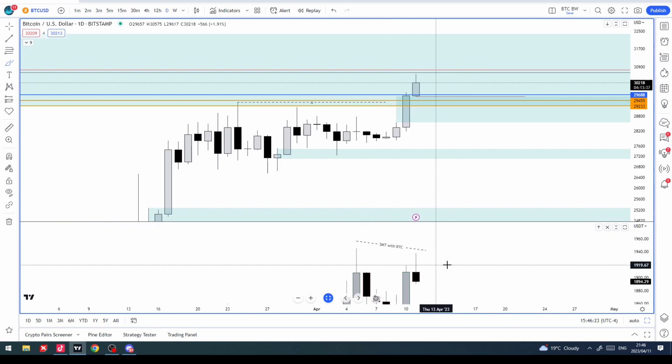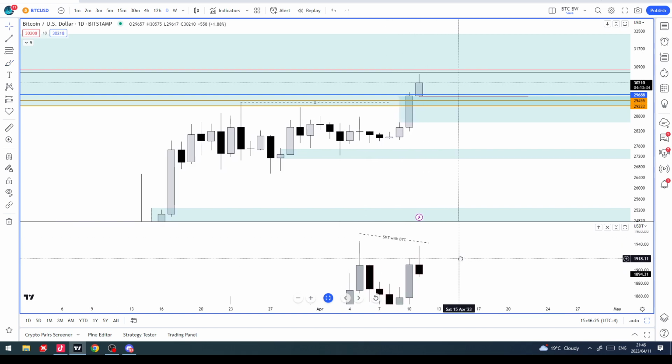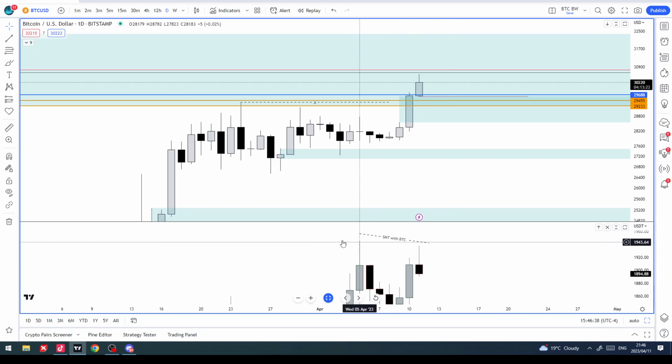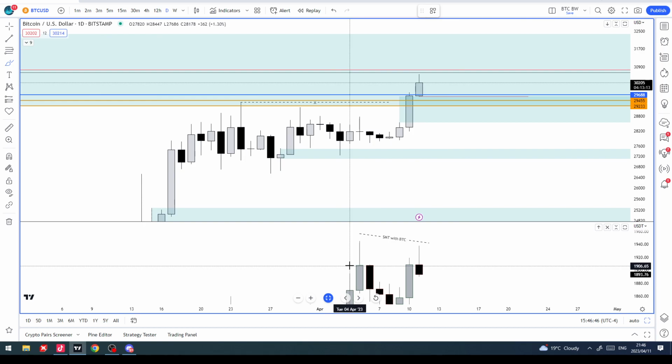What we generally use this for, I normally use it between US 30 and US 100, or US 30 and S&P, or S&P and US 100. A similar asset class showing SMT divergence. So again, depending how this daily candle closes, you can look at the closings of Ethereum here.